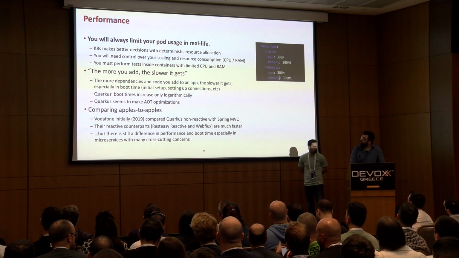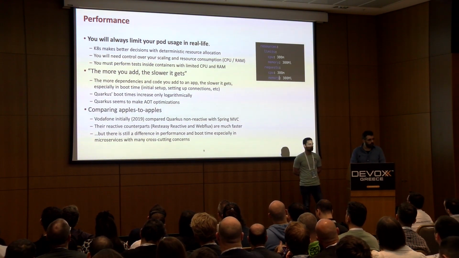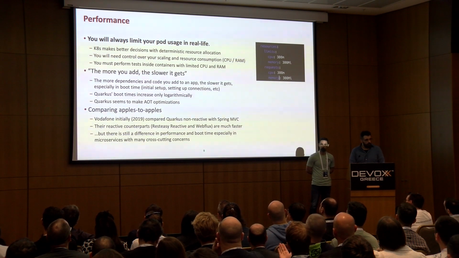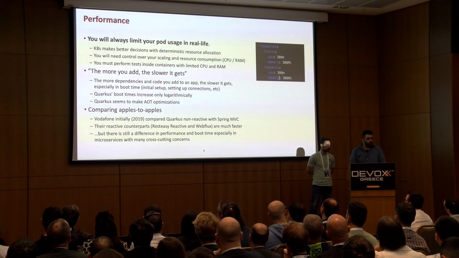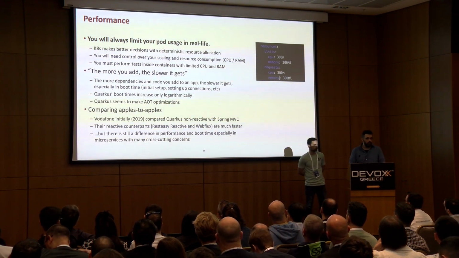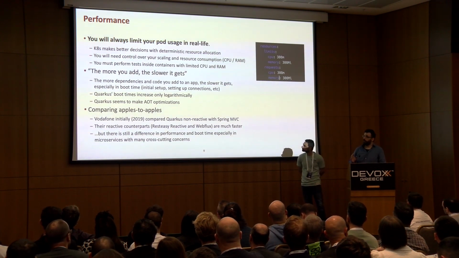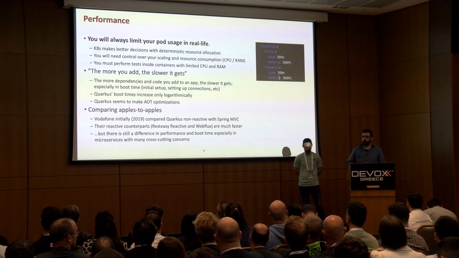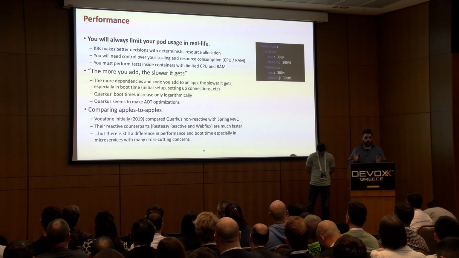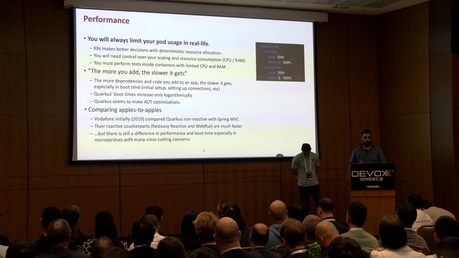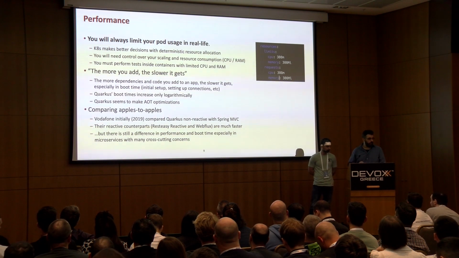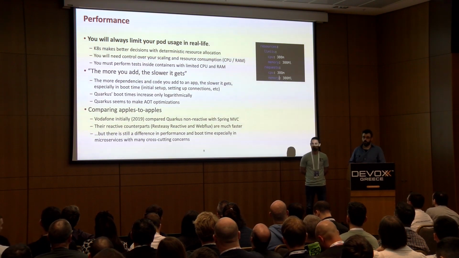Let's talk a little bit about some notes that we have about performance in general. When we're talking about performance, especially in Kubernetes environments, we need to be able to see how a microservice works as close to production as possible. And of course, in Kubernetes environments, you will almost always, actually always, limit the resources that your pod will consume.